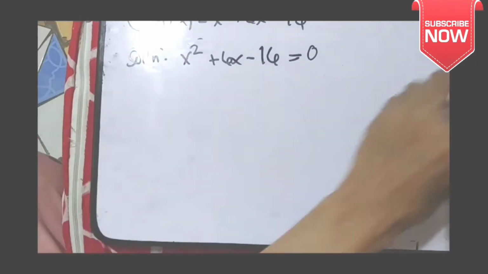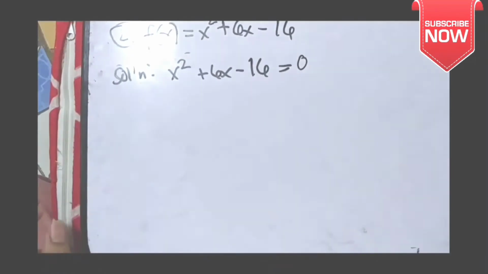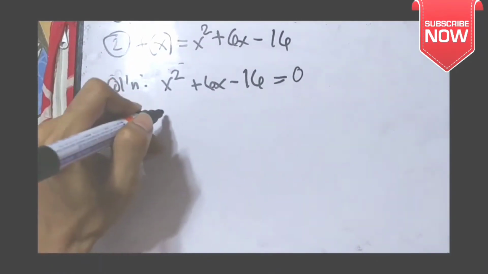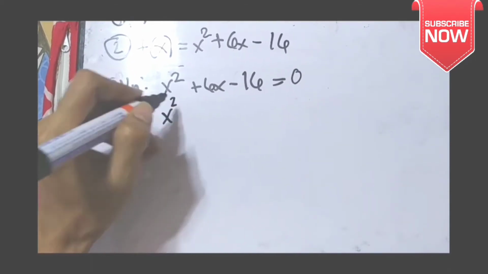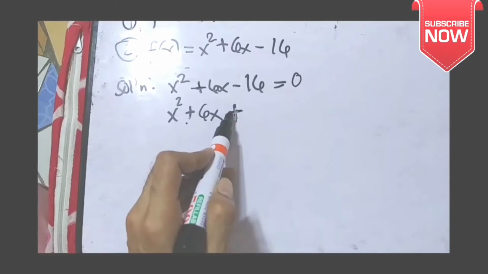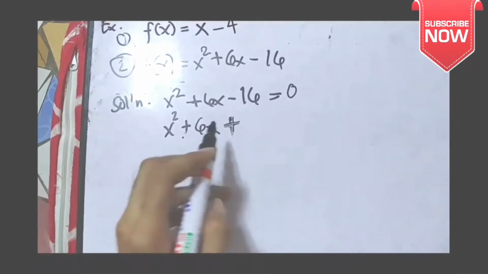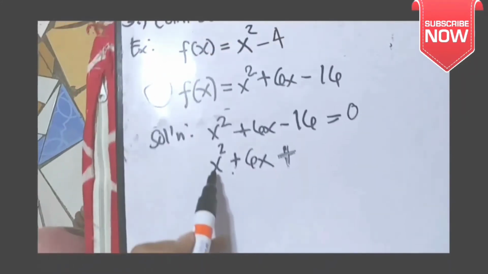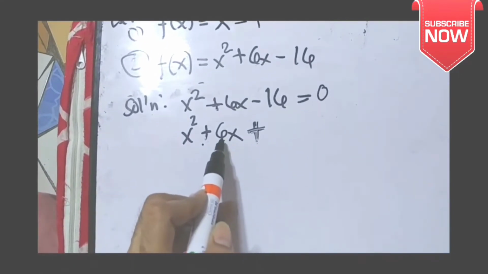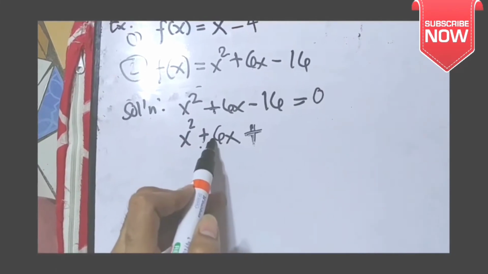So sa process po ng pag-solve ng quadratic equation using completing the square, copy and paste lang palagi tayo dito. So that's x squared, i-copy lang natin quadratic term plus linear term, that's 6x, and then automatic plus. Malalaman natin yan later on. Okay? So again, x squared plus 6x plus, kunin natin yung kalahati ng coefficient ng linear term, and that is 6.